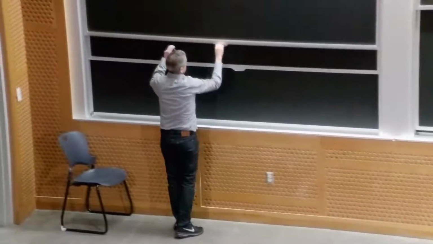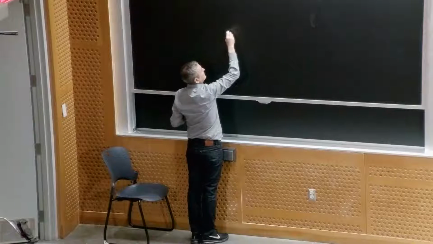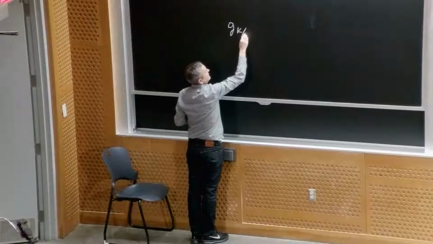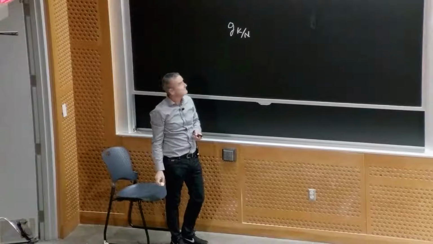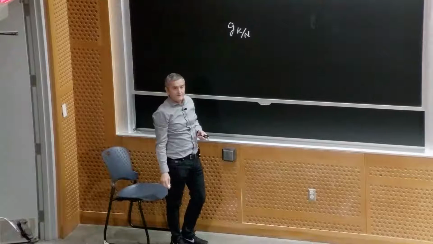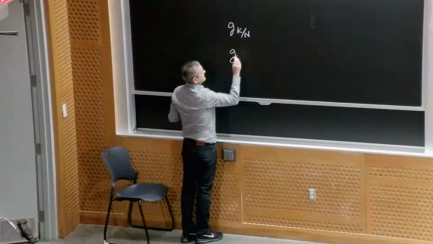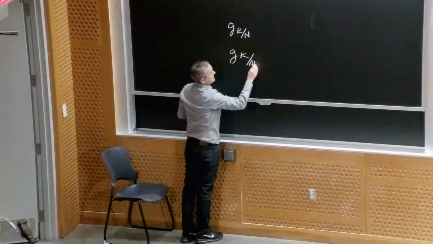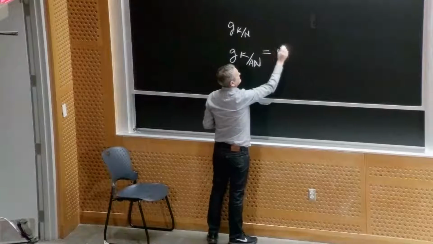So the question I'm asking there is what is the rate of growth of K over N, given that I already know that the rate of growth of K over AN is equal to 0.